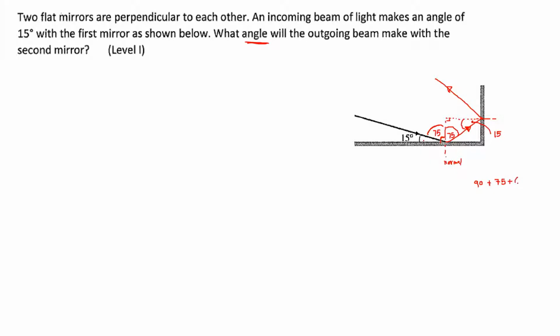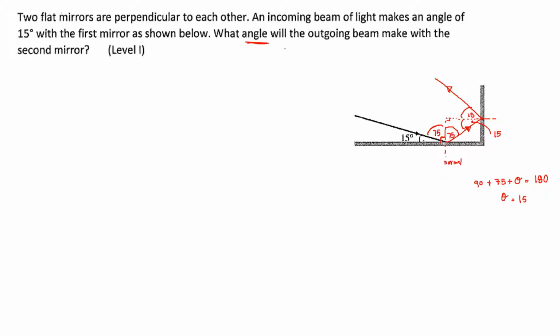If I write it as theta, it should give you 180, the angles of a triangle. So from this, you can get theta as 15. So this angle is 15. Therefore, again, law of reflection. If this is 15, this is also 15.